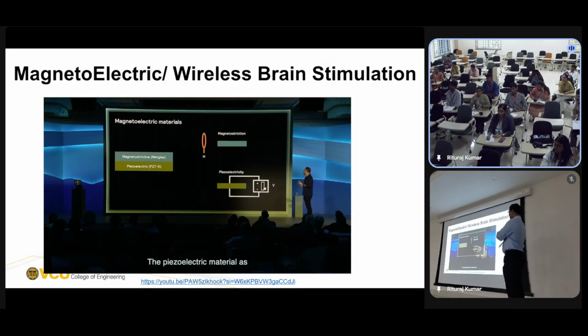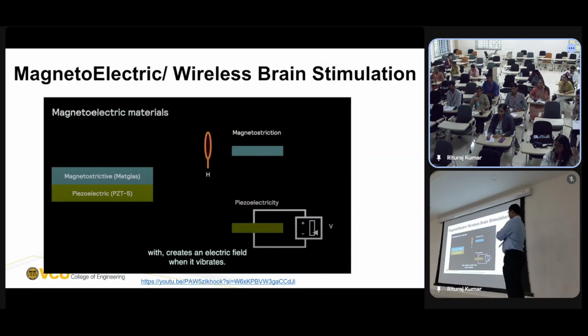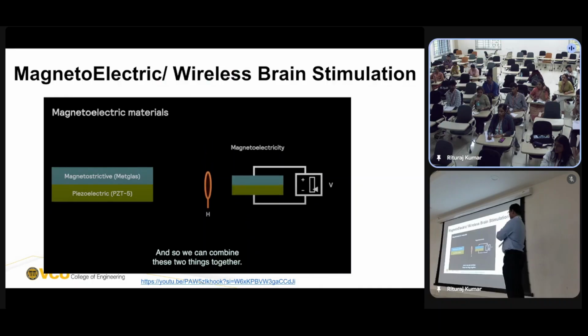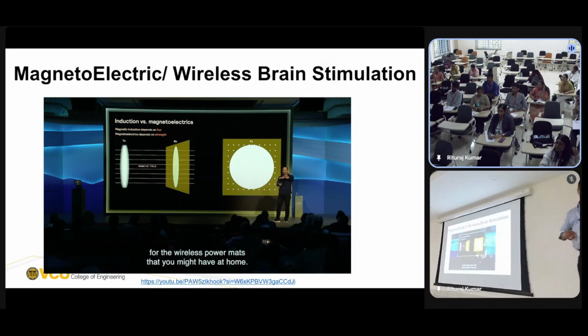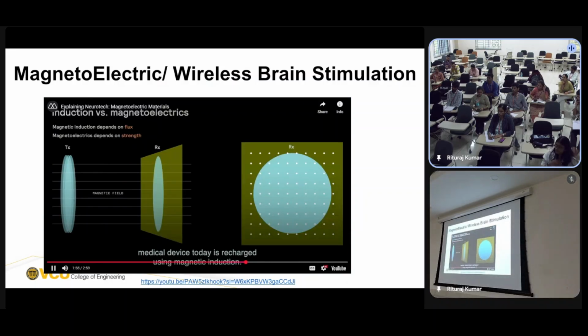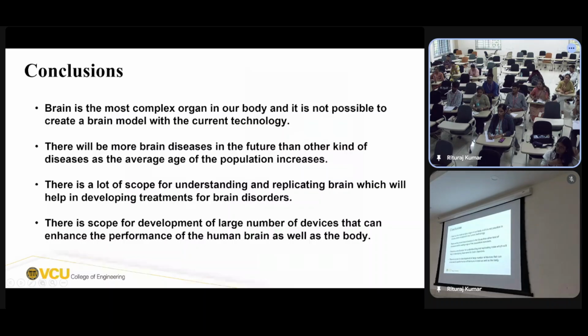The piezoelectric material, as you're probably more familiar with, creates an electric field when it vibrates. And so we can combine these two things together. I can apply an alternating magnetic field transferred into mechanical energy, which then creates an alternating voltage. We use magnetic induction for the wireless power; implantable medical devices today are recharged using magnetics.